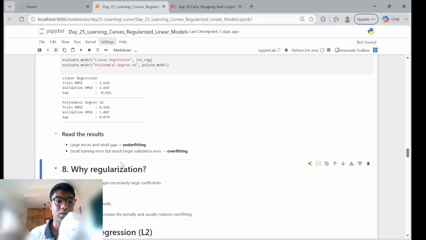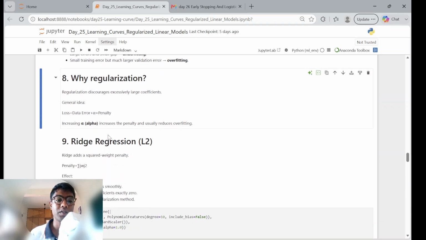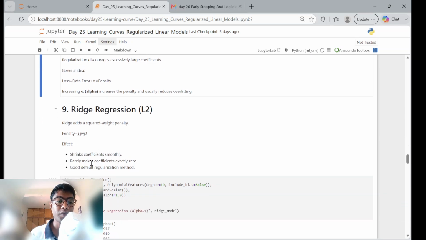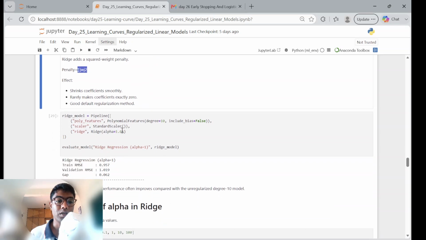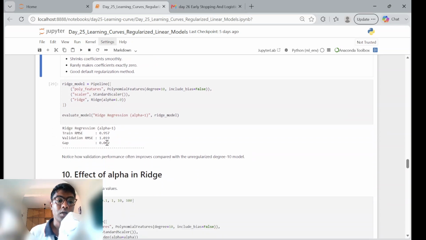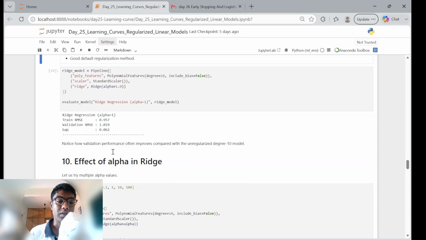Okay, so regularization is a technique where we use coefficient parameters, which helps drop the error. Ridge is one technique where, as we increase the coefficient or the penalty value, the training error decreases, right?